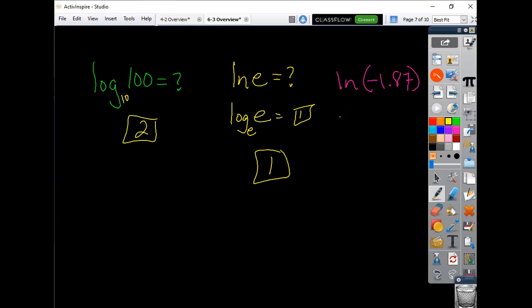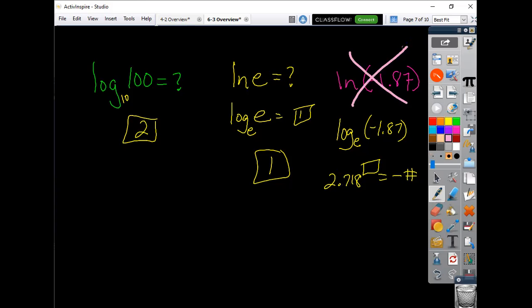And over here, this would be log base e of this negative 1.87. So remember, this is like 2.718 to some power and equals a negative number? Huh? How can any positive number to a power? So this is another one of those examples where you cannot do that.